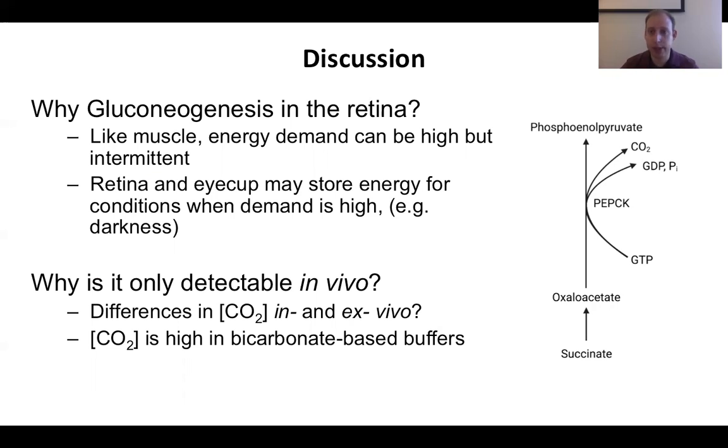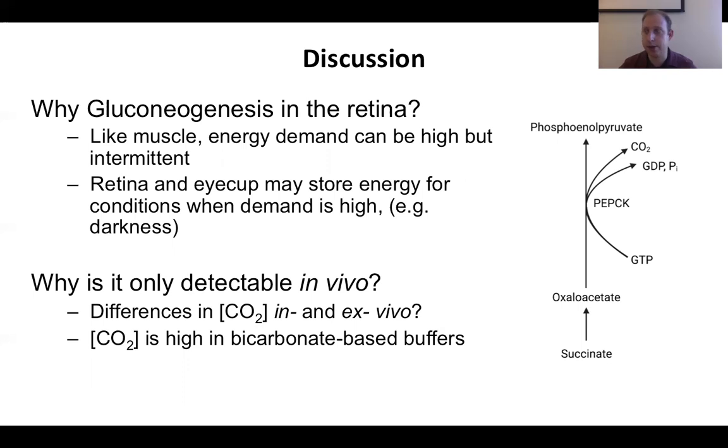But overall, we still have this really surprising result that the retina carries out gluconeogenesis. And so we still don't know exactly why it is, but we think perhaps some cells in the retina are storing energy in the form of glucose as a way of allowing other cells, which might have high energy demand, to get energy when they need it.